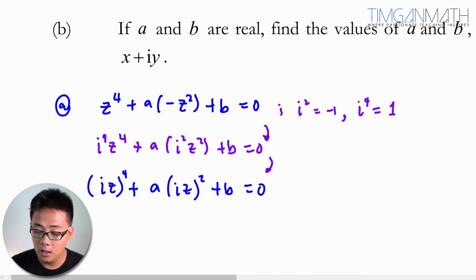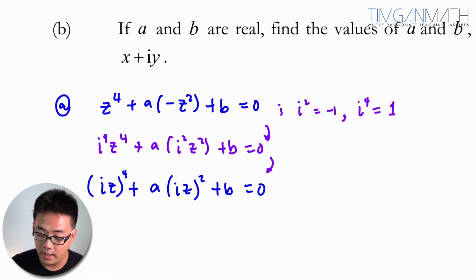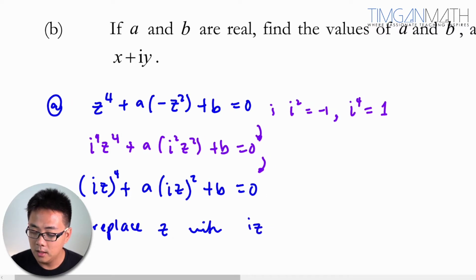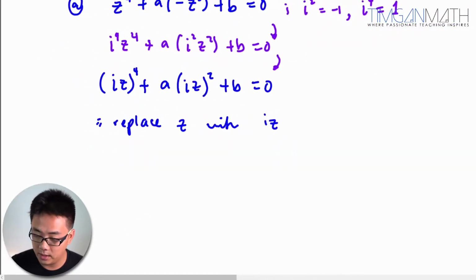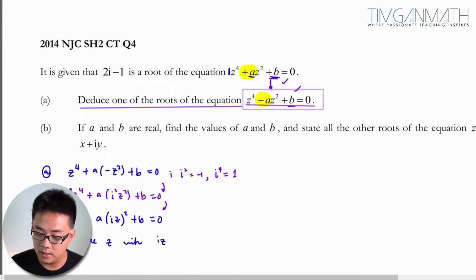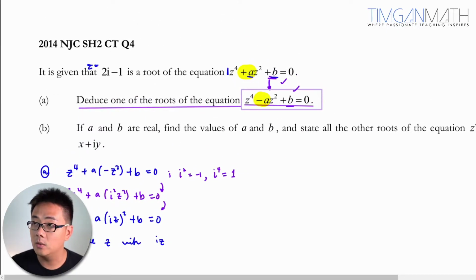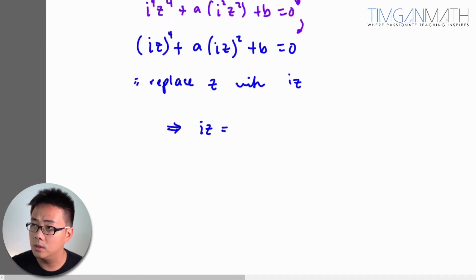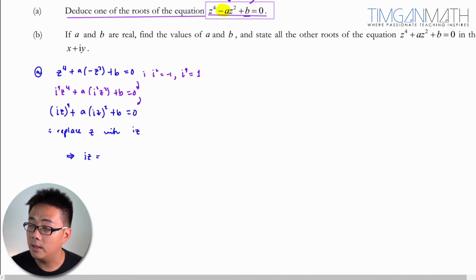So anyway, hence replace z with iz. Since you're given the root, initially z is the root, which is z equals 2i minus 1. So in other words, now you have iz equals 2i minus 1.